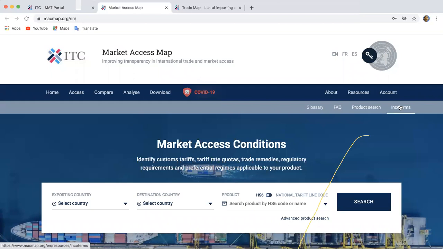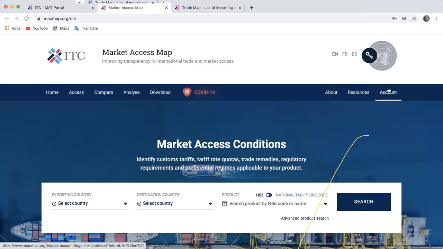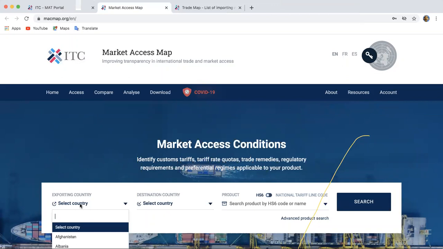If you're interested in the Incoterms that we talked about before, the freight on board or the cost insurance freight Incoterms, then you can find some more information on that here. And here you can log into your account. I'm already logged in, so I will just start with my search.